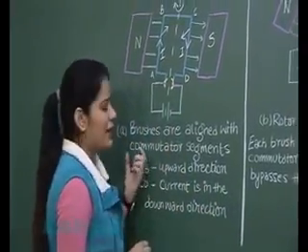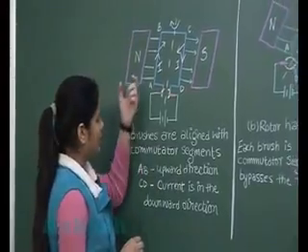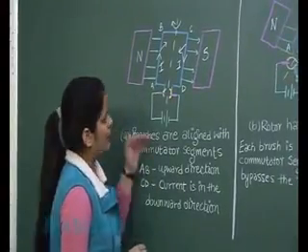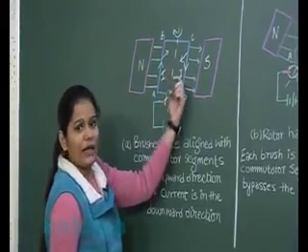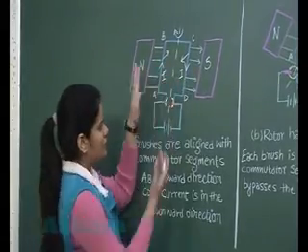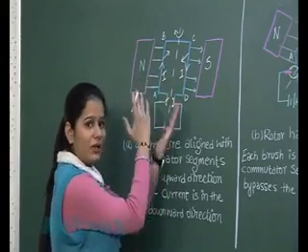Student, force acting on arm AB is in the downward direction, that is inward, and on arm CD in the outward direction. So student, it will rotate anti-clockwise.